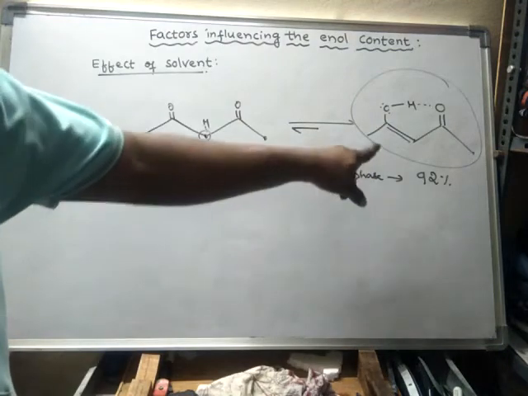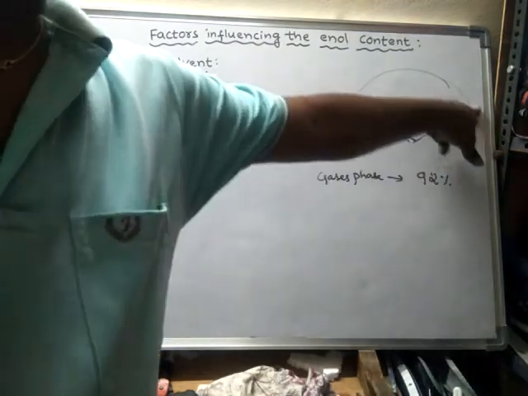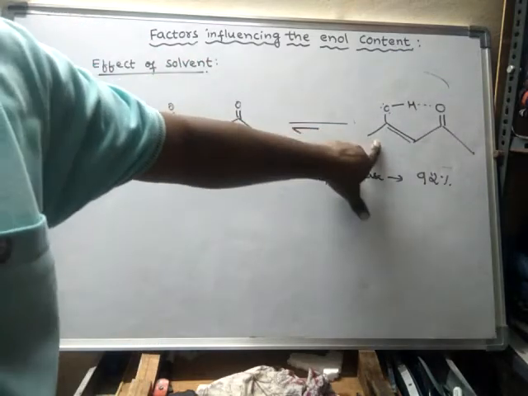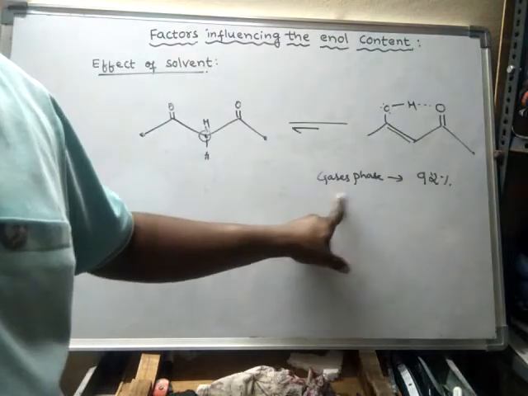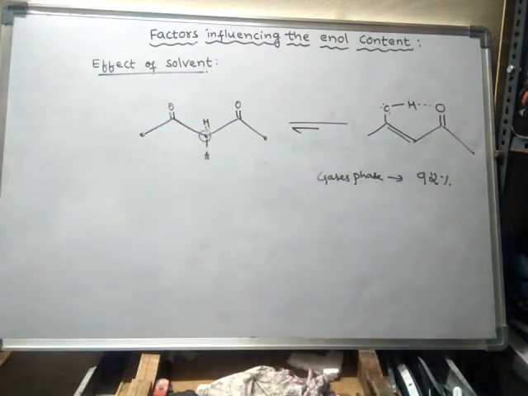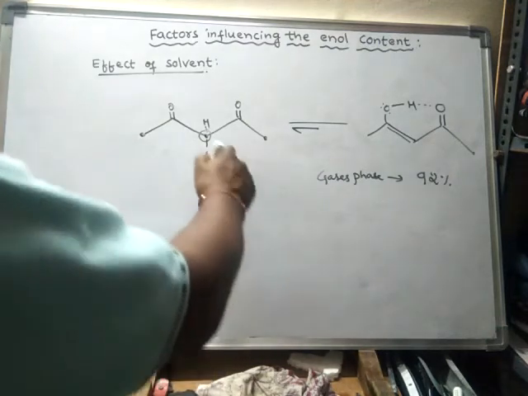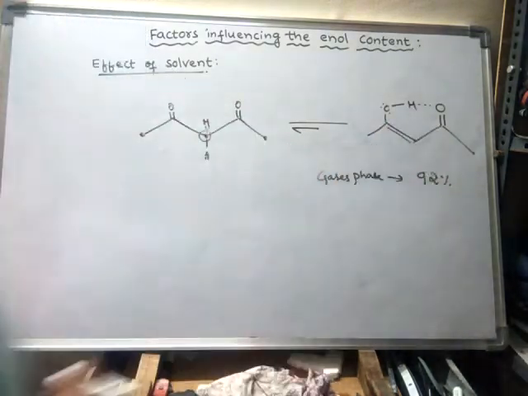So this molecule will try to be more stable in isolated form when compared to the dissolved form. In gaseous phase, 92% of the compound will be in this form, and only 8% in this form.